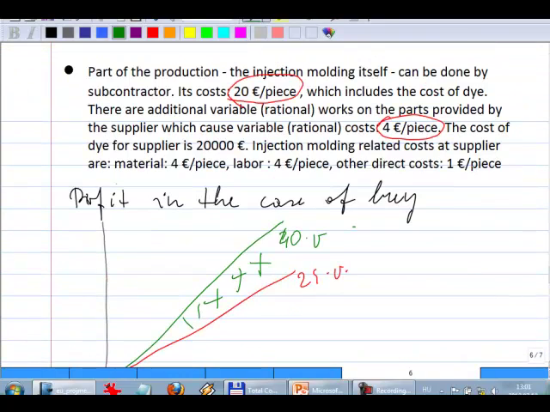No, not 24. For us it is a cost, how much do we pay him? 20. No, that 4 occurs after we bought it.